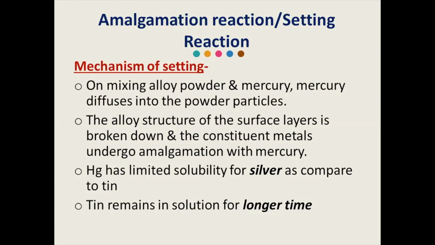Trituration is done by two methods, either hand trituration or mechanical. In second year you will be using mortar and pestle in your preclinical classes, that is hand trituration, for manipulating the silver amalgam. So what does this procedure do? In the mortar we take the silver alloy powder and mercury, and then we move the pestle.